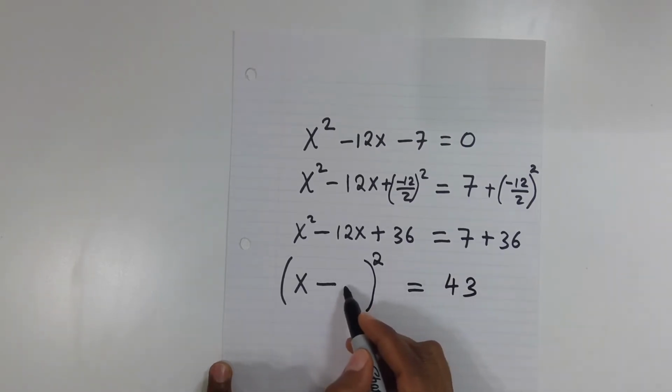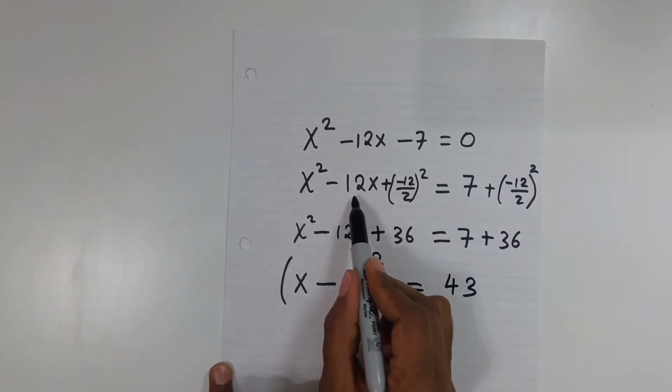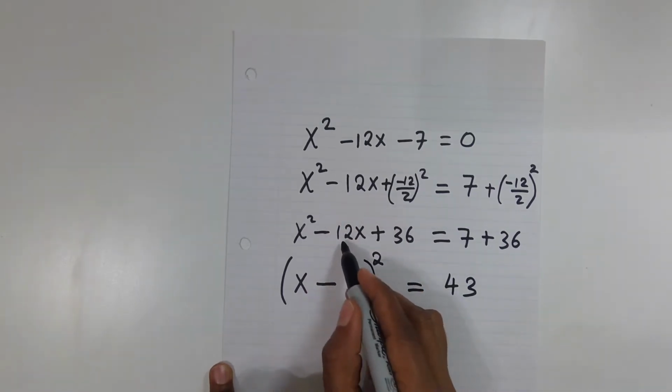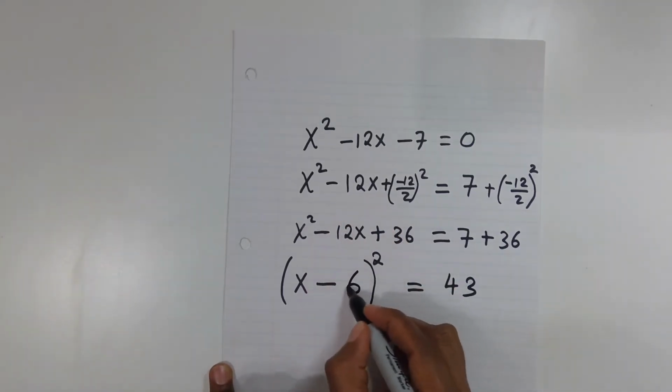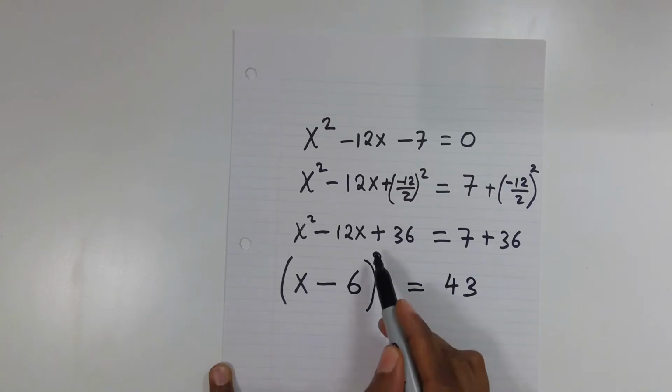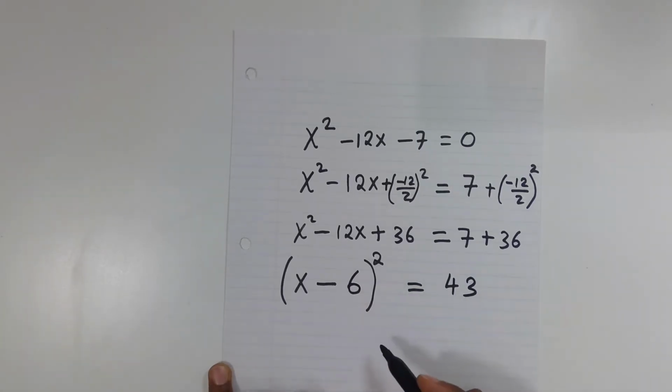But what number do I put? This number you put here is always the coefficient of x divided by 2. So in this case, negative 12 divided by 2 is negative 6. What you have here is x minus 6 squared equals this.